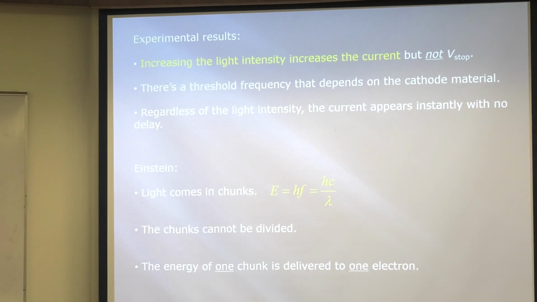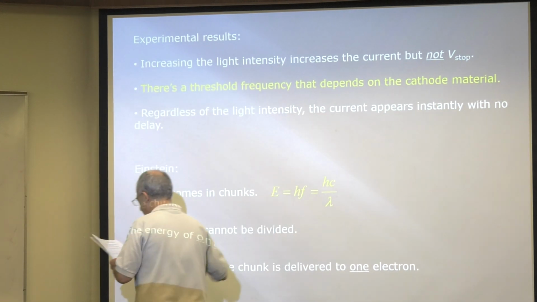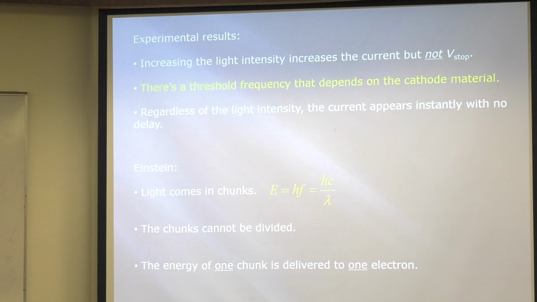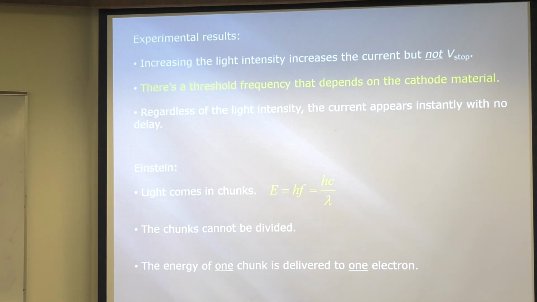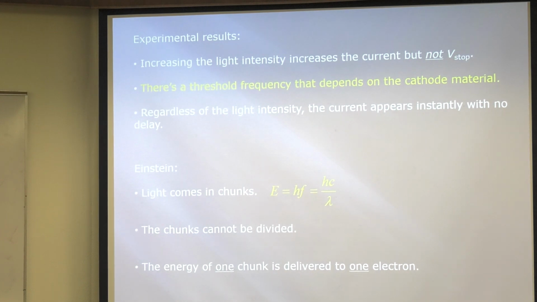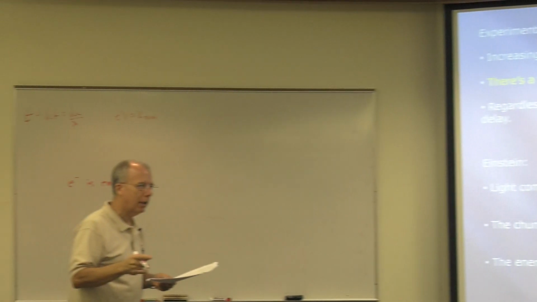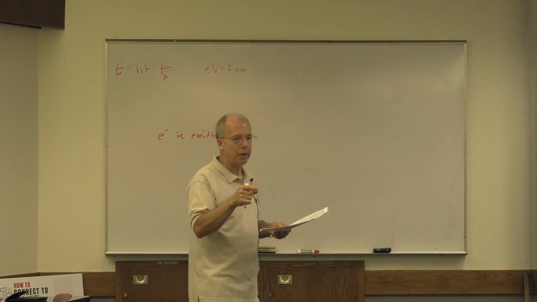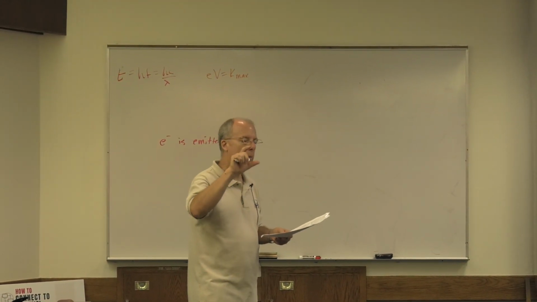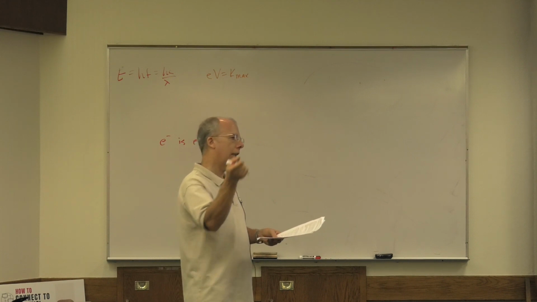Number two, there's a threshold frequency that depends on the cathode. That's easy. An electron is emitted if the light energy is greater than the work function, because the light energy is transferred to the electron.